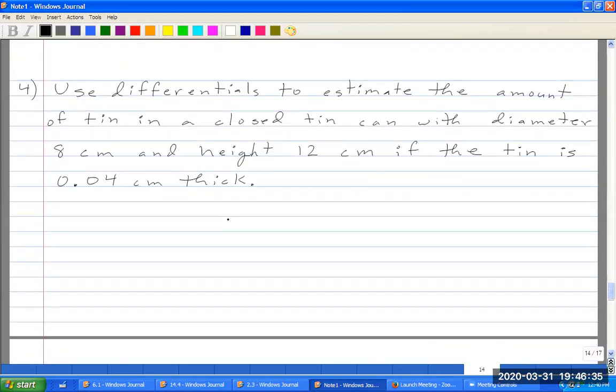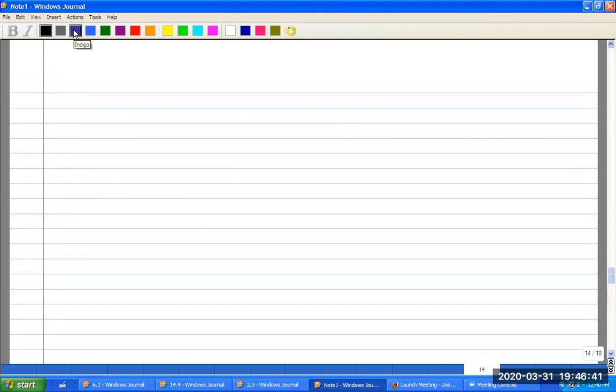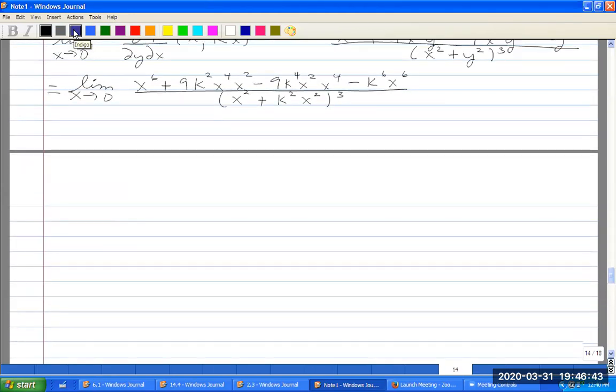So do the same thing. So this is a limit as x goes to 0. Let's factor out x to the 6th.